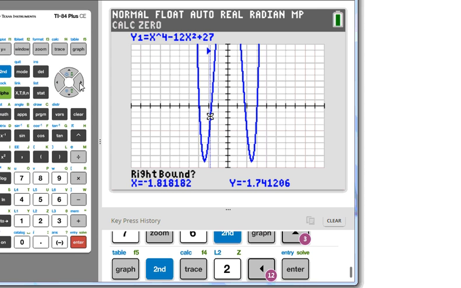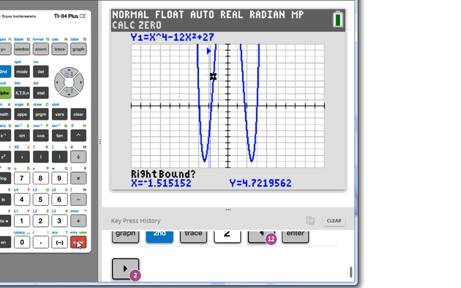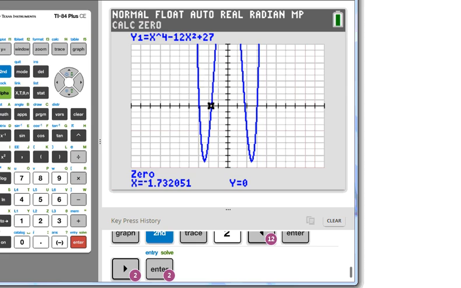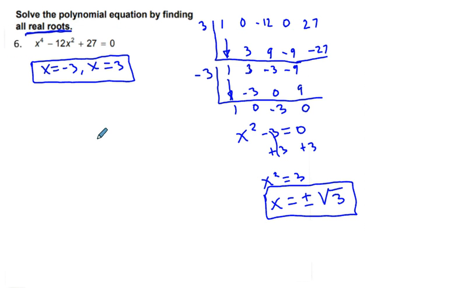It says right bound, press enter again. -1.73. So x is equal to -1.73. And also you do the other one, you have x is equal to +1.73. Well, as it turns out, these numbers are approximately equal to plus or minus square root of 3.